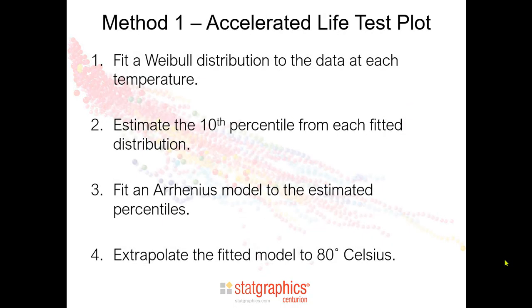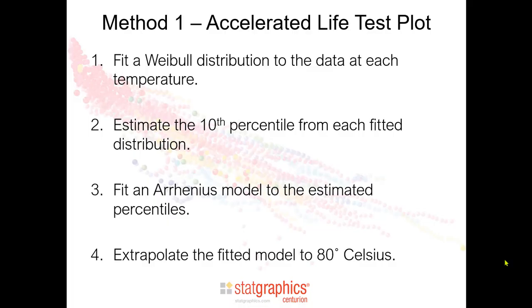In this video, part 1, I'm going to describe how to use the accelerated life test plot to model this data. Step 1 will be to fit a Weibull distribution to the data at each temperature separately. We'll then, in step 2, estimate the 10th percentile from each fitted distribution.